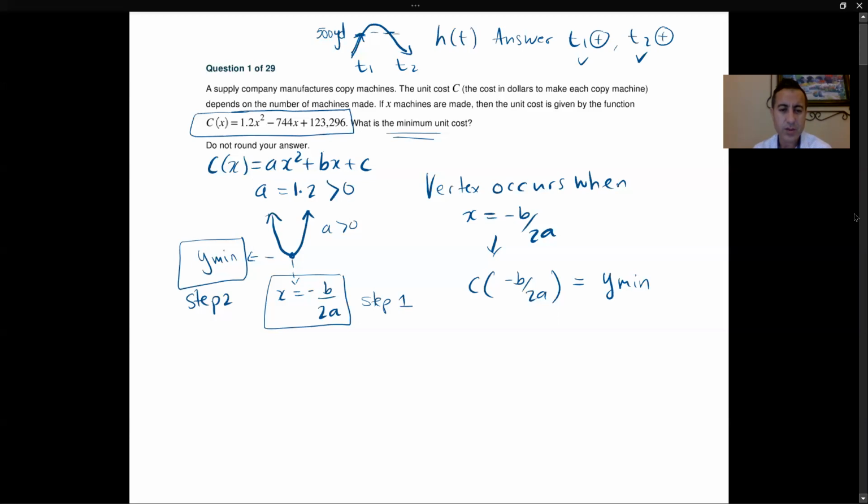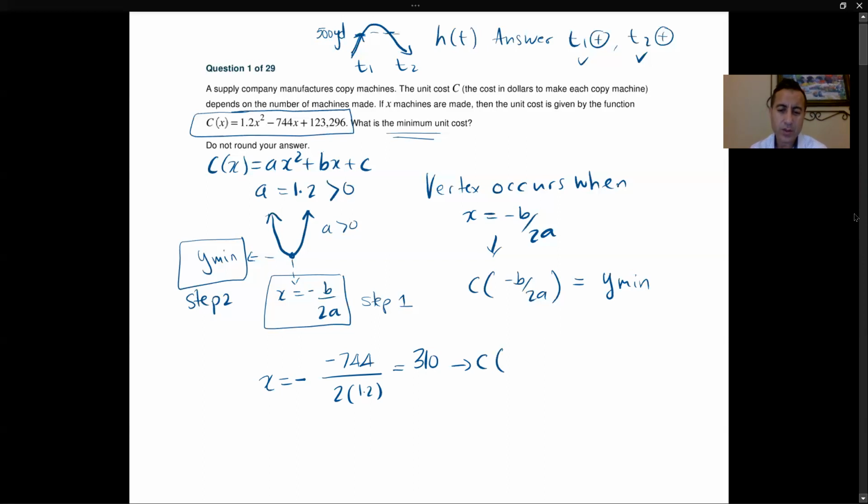Let's try this one now to find this numerical value. So x is negative b, in this case negative 744 over 2 times 1.2, and 744 divided by 2.4, so it's 310, and that gives us that first step.